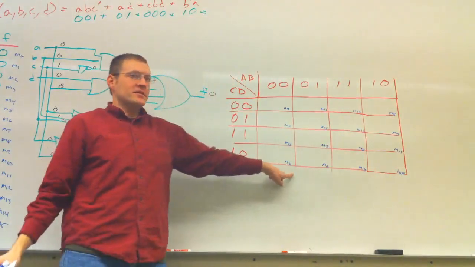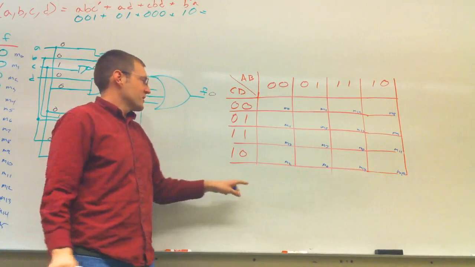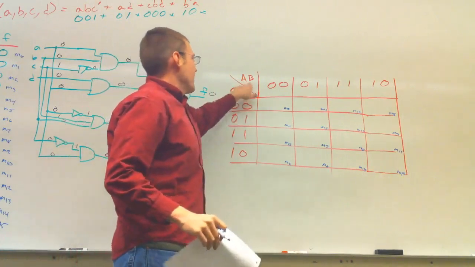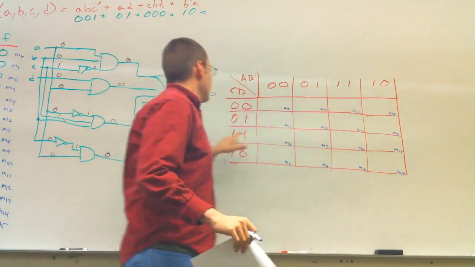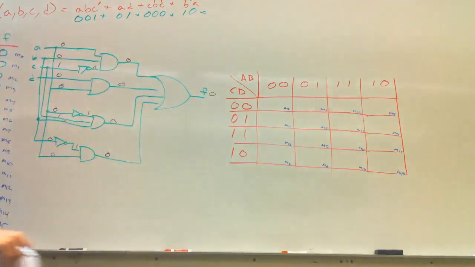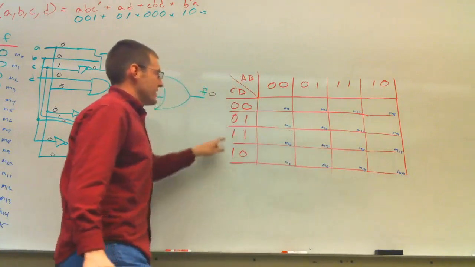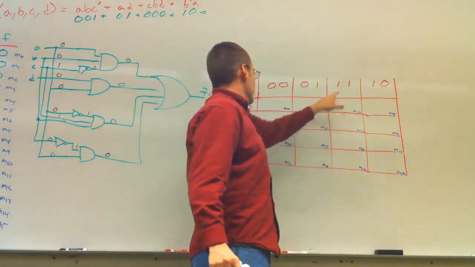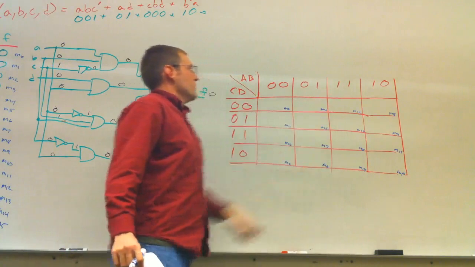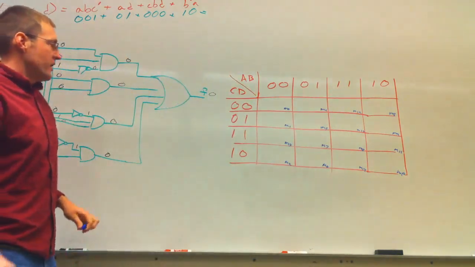You understand how I got these columns? Basically, if you look at it, see AB 11 and C 11, which is basically this right here, M15, which is what we got right here. So basically, to match up my columns with the bits that I'm inputting.